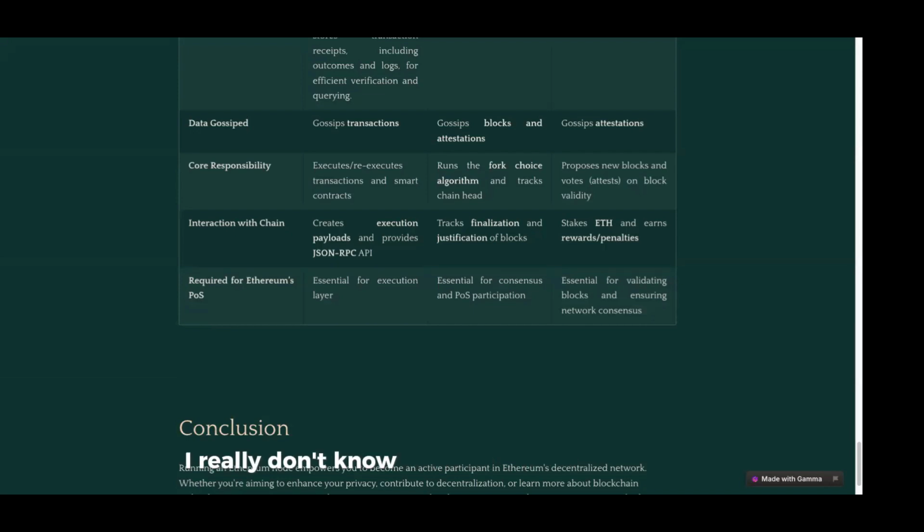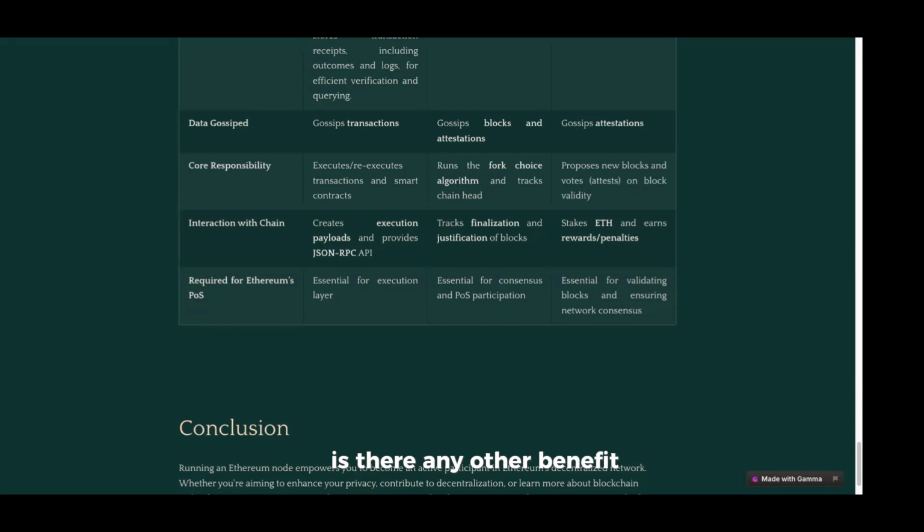I don't know, if there's no reward for running the consensus and the execution node, then what's really the incentive? Maybe you can get one or two persons to pool funds together and do it, or what's really the incentive apart from securing the protocol and all that?